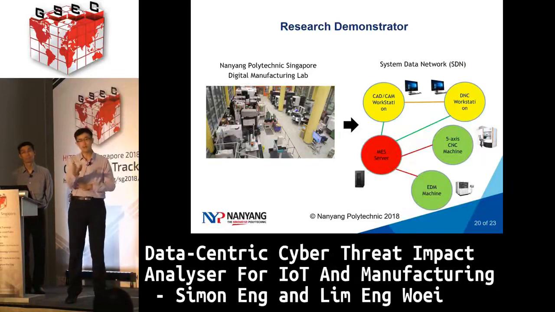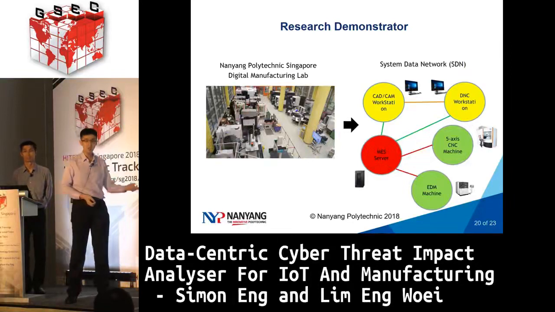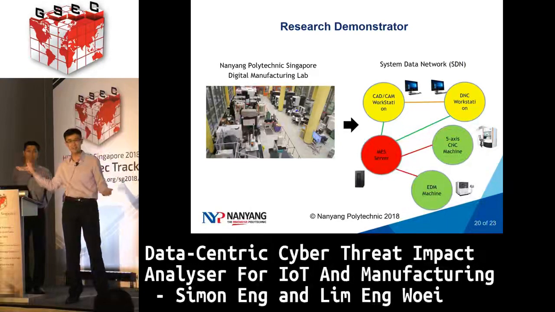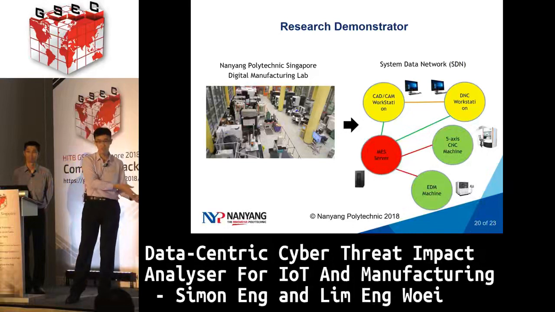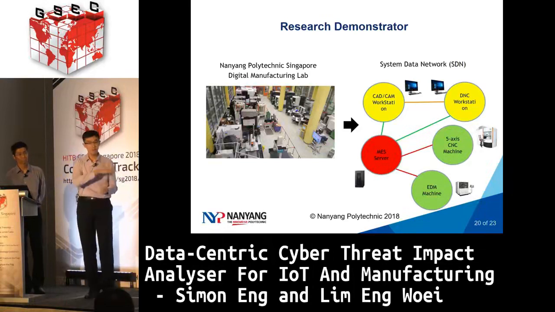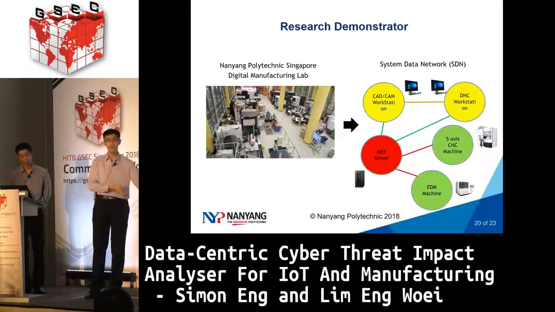A damage index of 2.5 is equivalent to losing 10K. Then if my machine is only worth 5K, do I need to pay a 10K solution to protect this 5K machine? Because of this, we say cybersecurity for manufacturing is different. We can't be paying 10K to protect a 5K machine.